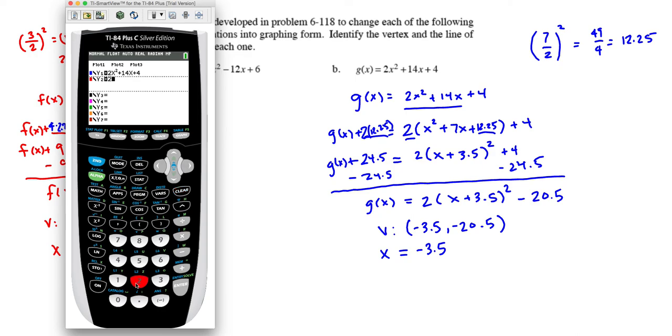And 2 times the quantity of x plus 3.5 squared minus 20.5. This one, obviously our vertex is going to be lower, so let's just go ahead and change the window. Let's move our y min down to, let's say, negative 25. So at least it fits on there.